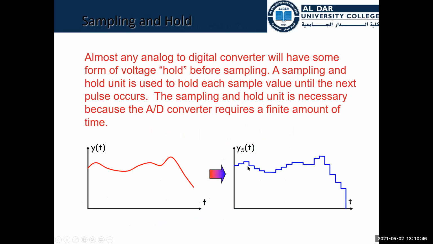We are sampling at this place and at that place, and we are holding a voltage here, a high voltage, for example 10 V. If we don't have the sample and hold unit, we will go down to zero and then jump back to the next sample and jump down to zero again.